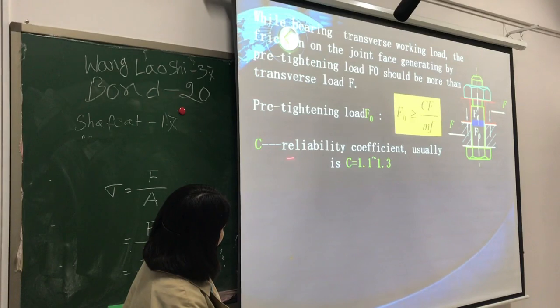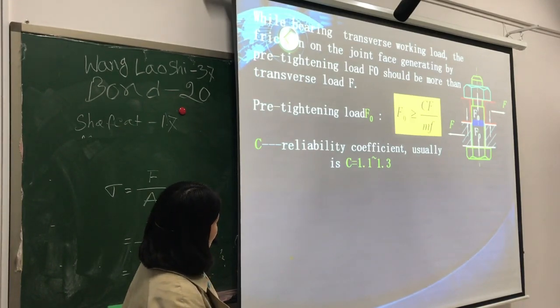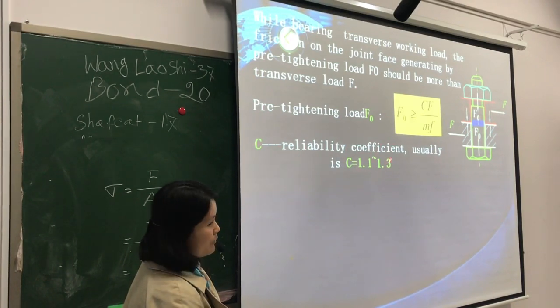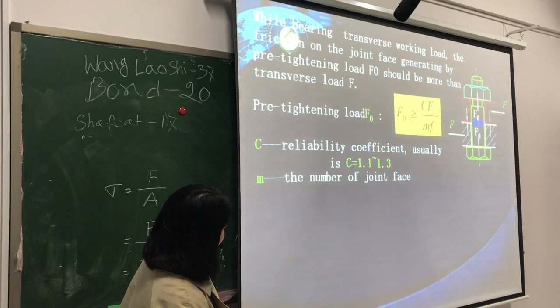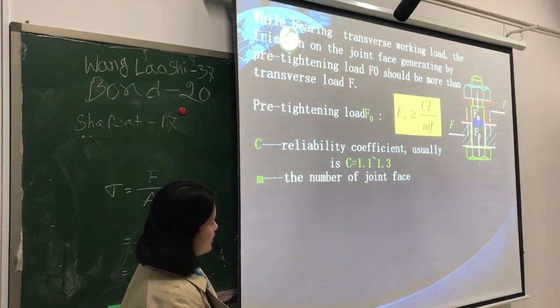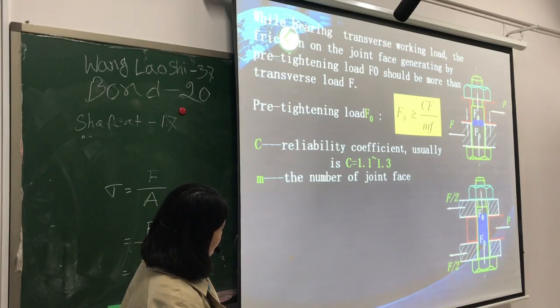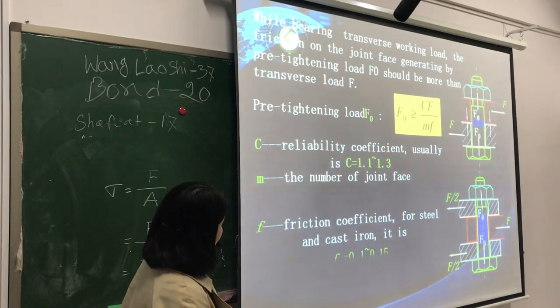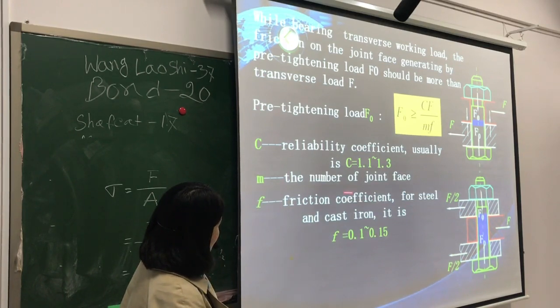C is the reliability constant, usually from 1.1 to 1.3, and m is the number of joint faces, for example, m is 2, and f is the friction coefficient.